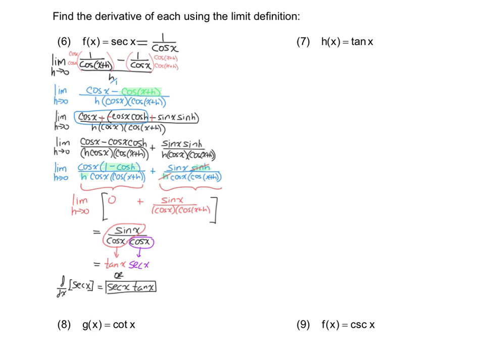Complementary angles are angles that add up to 90 degrees, right? But in the context of the graph, they represent 90-degree translations, so horizontal movements. If you shift a sine wave 90 degrees, you get a cosine wave. If you shift a cosine wave 90 degrees, you get a sine wave. So that's why they're complements and therefore co-functions. All right? So these are co-functions of one another.